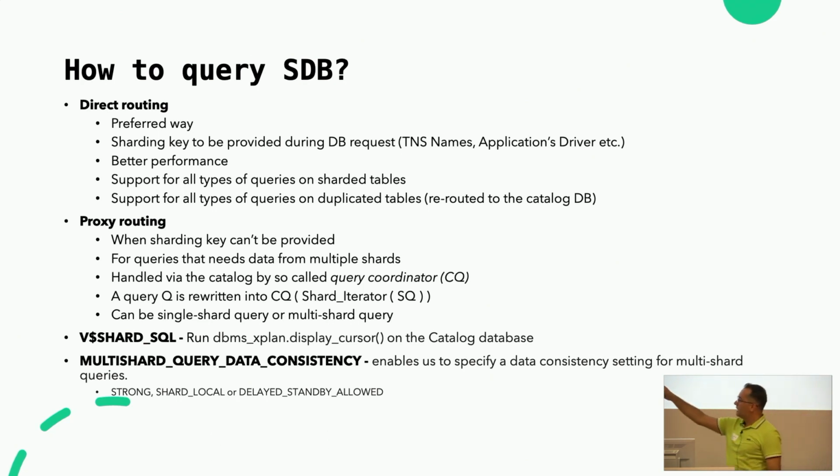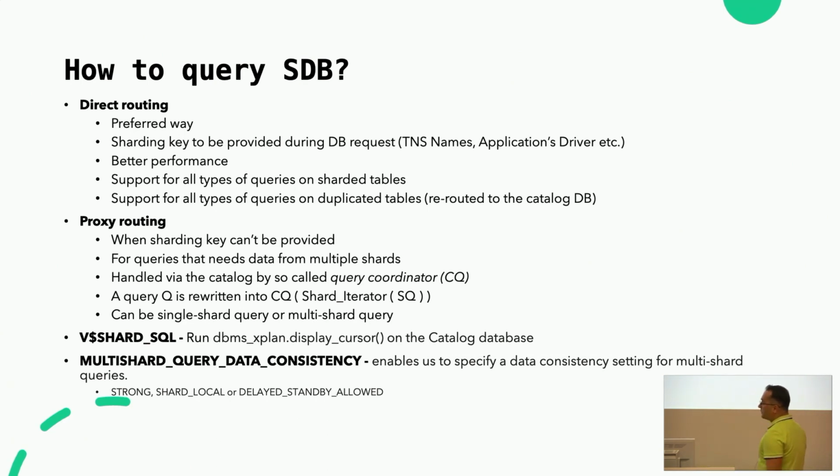There is another initialization parameter which is new, which you set on the catalog database, so that once you collect statistics on the shards, it gets imported to the catalog database. Based on that, the query coordinator knows the cardinality and selectivity of each and every table on your sharded tables, and then according to that, it will create a plan and push it down to the shards, right?